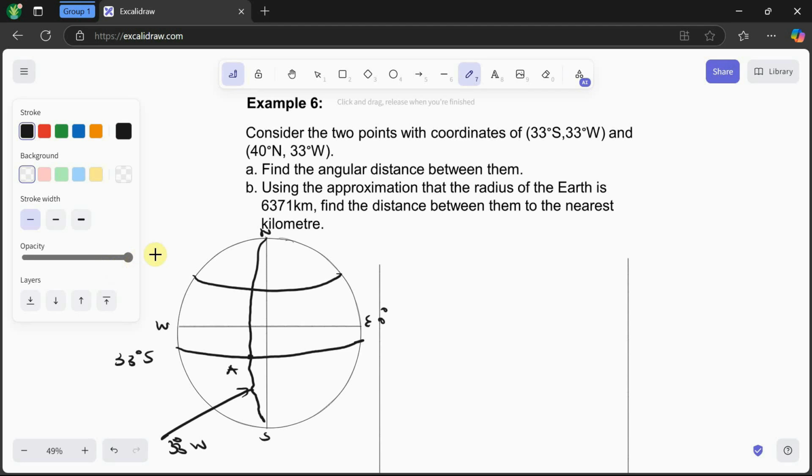So this here is 40 degrees north. From this point, if I draw a line like this to touch it, and I draw a line like this, this is my point B.